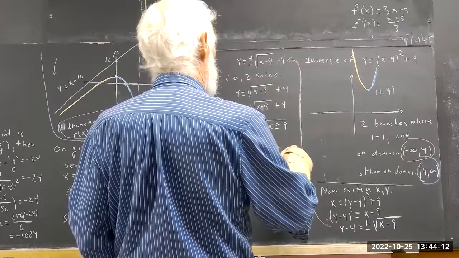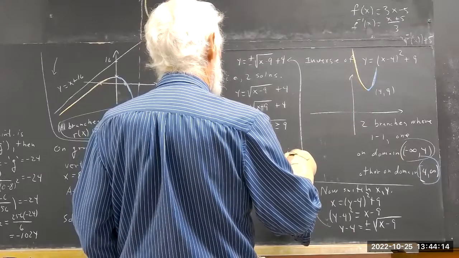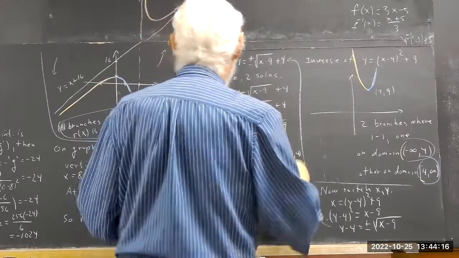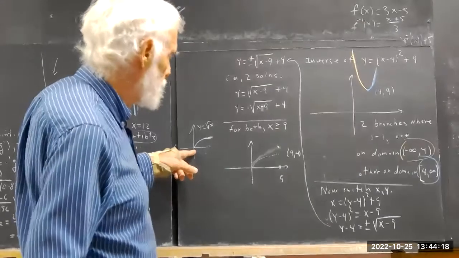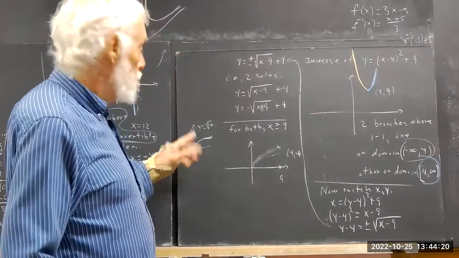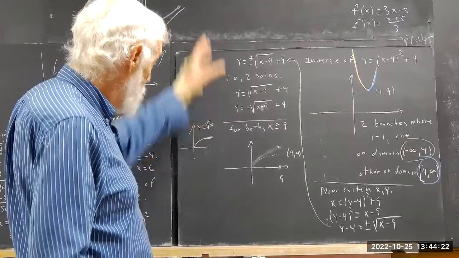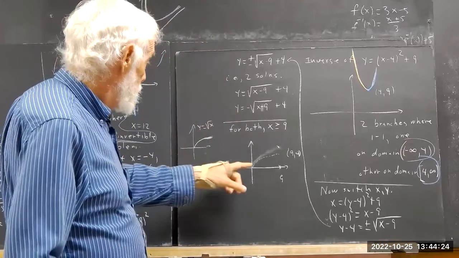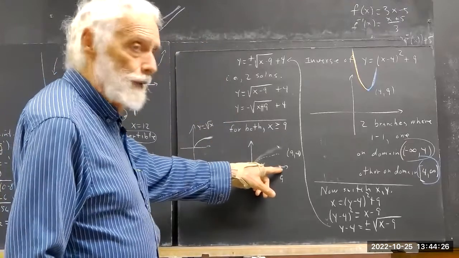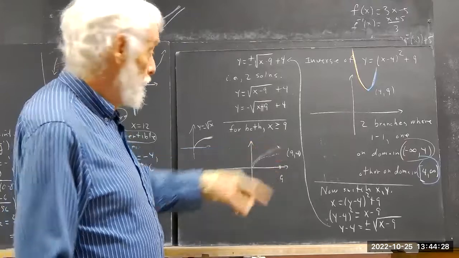Okay, so here's the point. You can regard this as a vertex, or as the reflection of the vertex of one branch of the squaring function; you're just moving that vertex over here and up here.